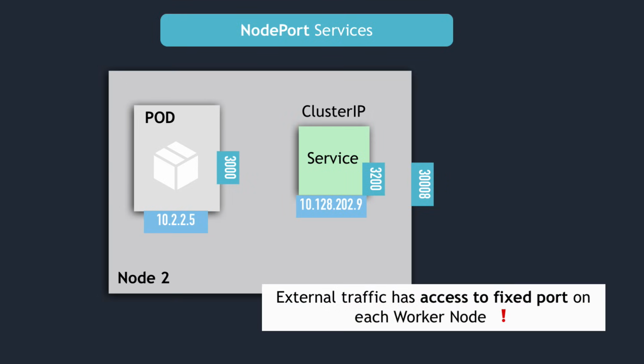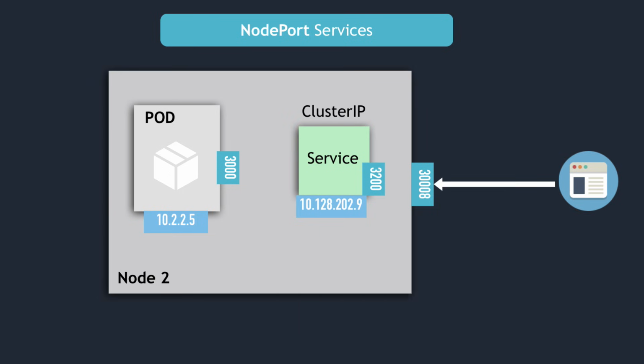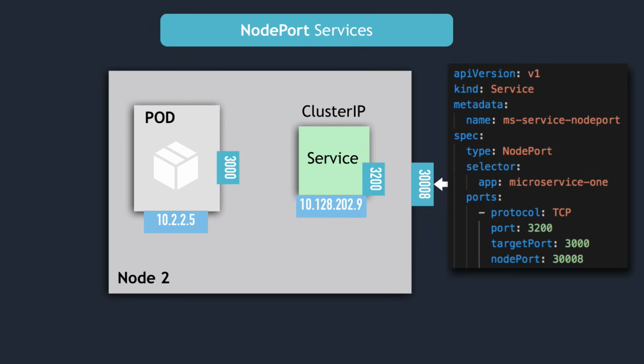The NodePort service, however, makes the external traffic accessible on a static or fixed port on each worker node. So in this case, instead of Ingress, the browser request will come directly to the worker node at the port that the service specification defines.